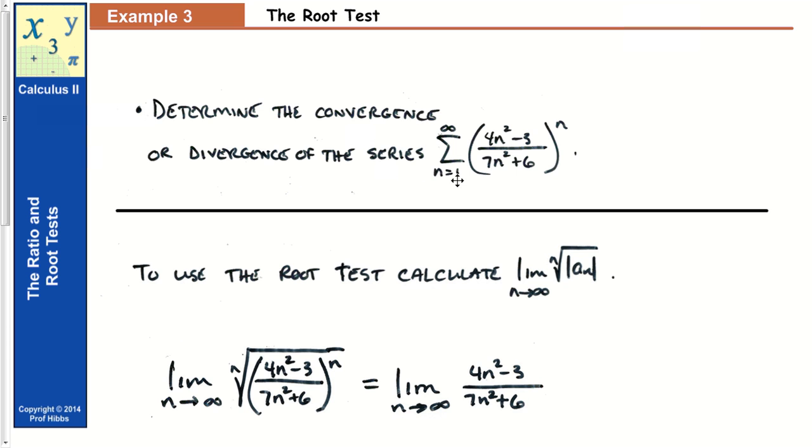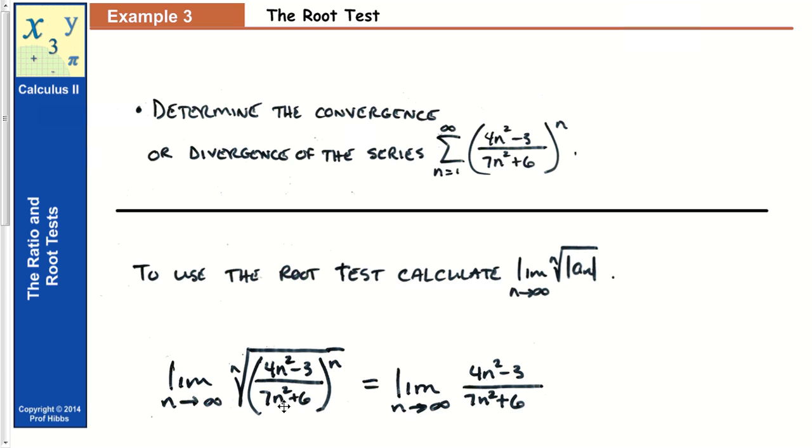And anytime n is bigger than 1, of course, we're going to have something here larger than 4 minus 3, which is positive. So all the terms are positive, but it is important that we recognize that we have to think about that. And so the absolute value of these terms is just the terms themselves.